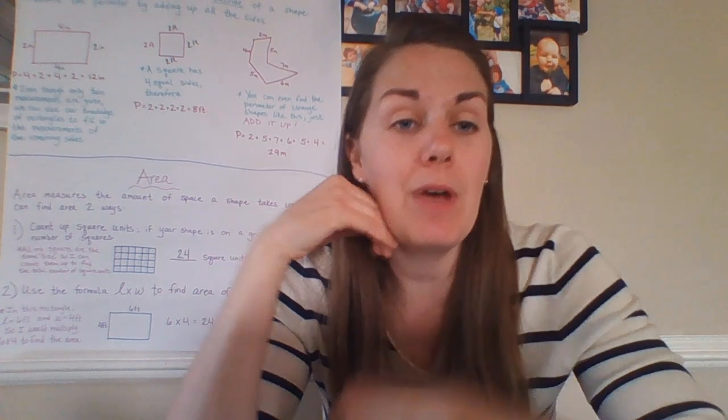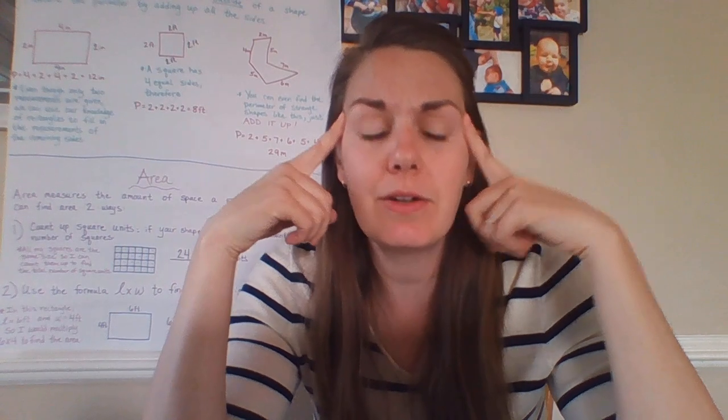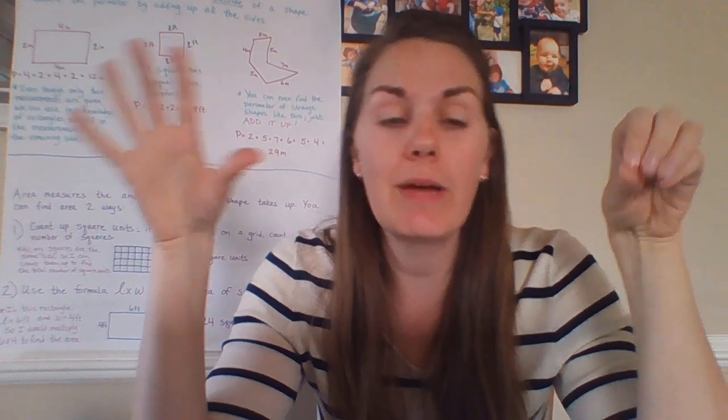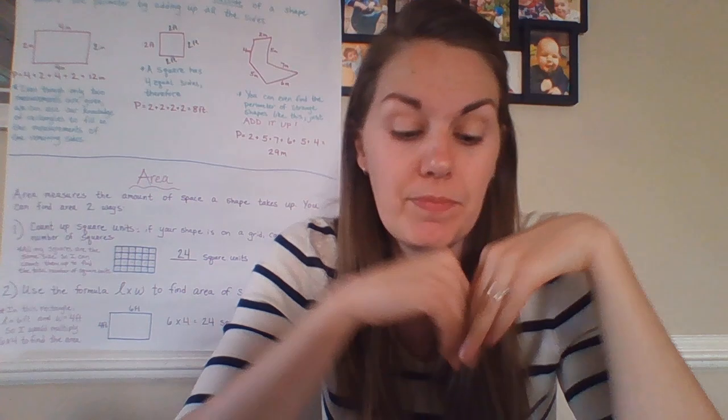So for example, if I were to multiply 2 times 15, I could break apart the 15 and think about it as 10 plus 5 because that's going to make it easier for me. I can then multiply 2 times 10 to get 20. 2 times 5 to get 10, 20 plus 10 would be 30, so 2 times 15 would be 30.